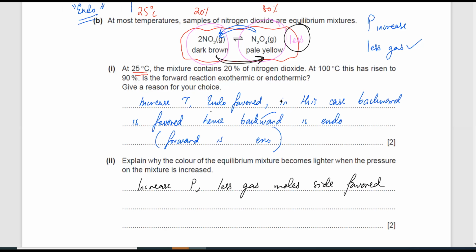And if it's favored, which in this case is the forward, then more pale yellow N2O4 would be produced.